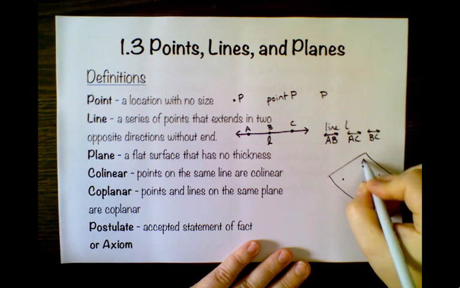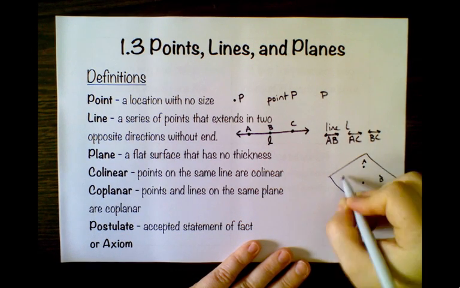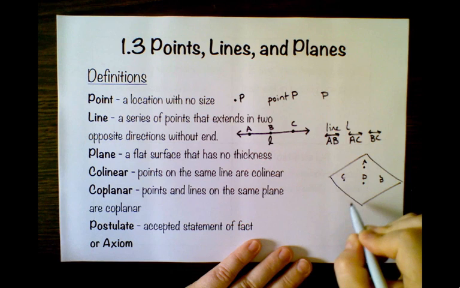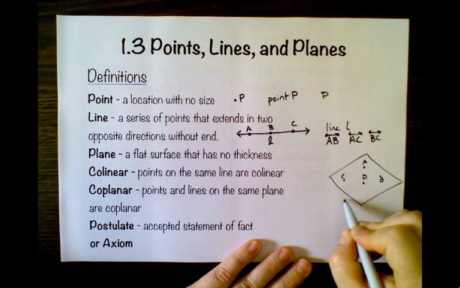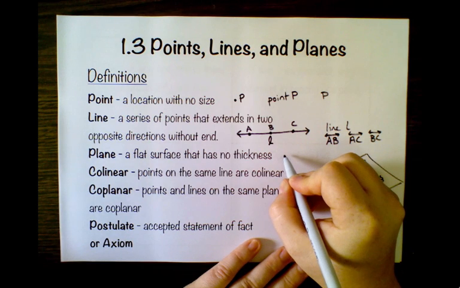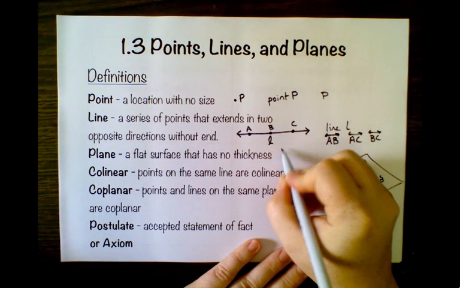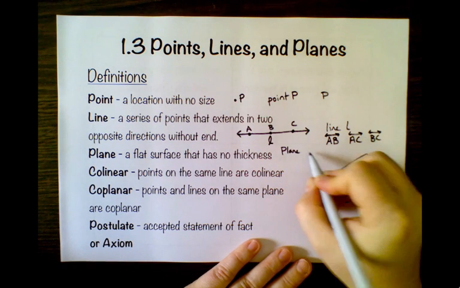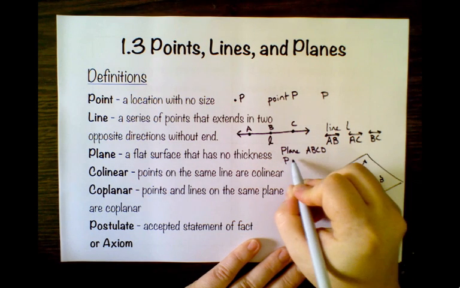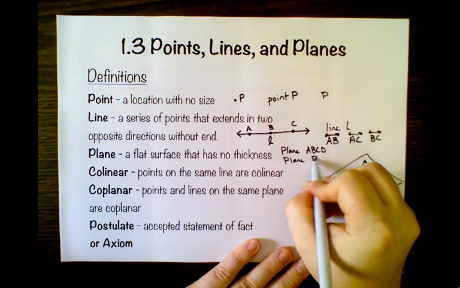I'm just going to call these A, B, C, and D. And I'm going to name this plane P. So we could say just plane ABCD, or we could call it plane P.